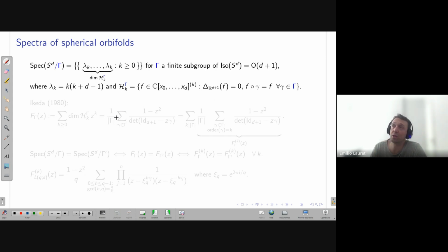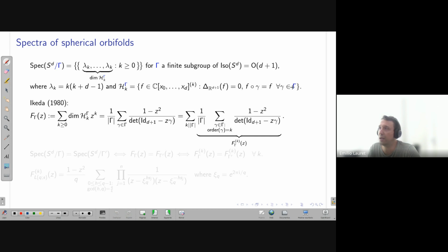And when you quotient and you have some spherical orbifold, might be a spherical space form or not, it doesn't matter if gamma acts freely or not. You have the same eigenvalues, except that the multiplicity changes. You only have to take care about spherical harmonics that are invariant by gamma. Okay, invariant by gamma means this.